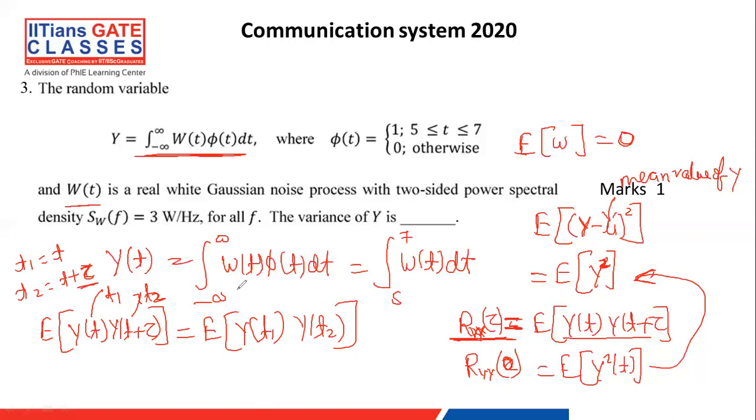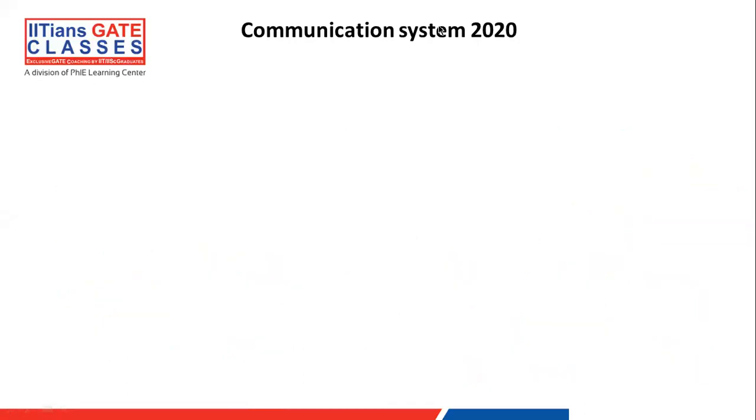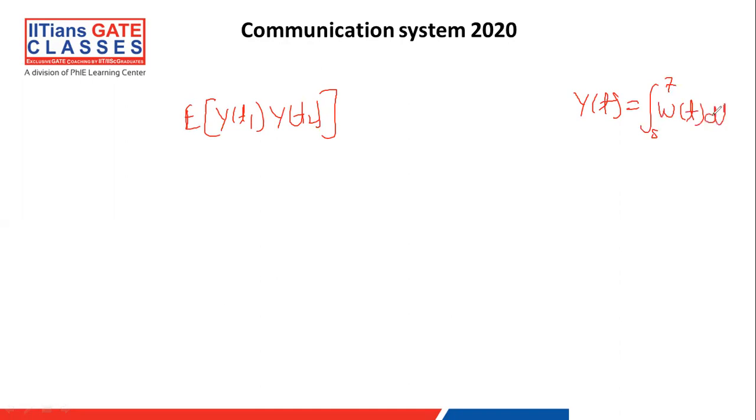Now we know the relationship between this y and w. So let's go to the next slide, clear this and annotate here. So here we need to find out the expected value of y(t1) y(t2), and y(t) we know is the integral from 5 to 7 of w(t) dt.